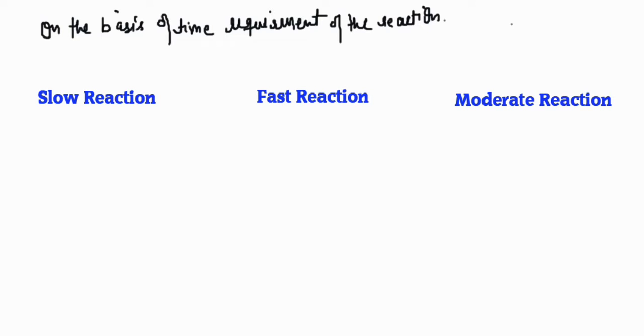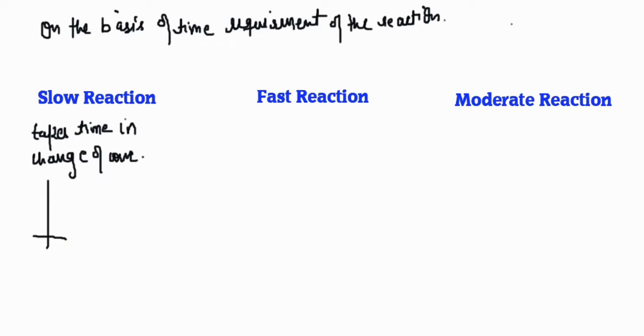They take a long time for a change in concentration. If we draw a curve of concentration of reactant versus time, the concentration changes very little with time.